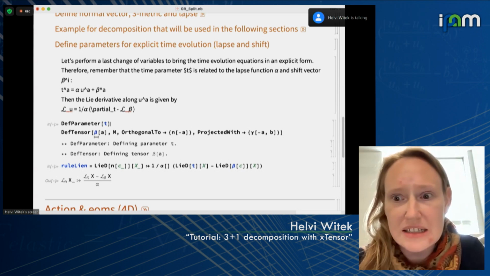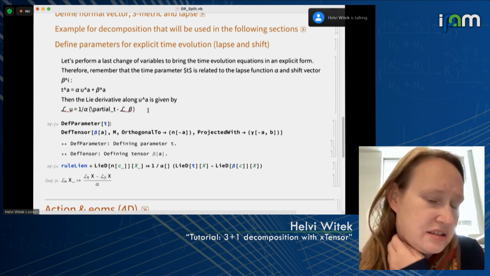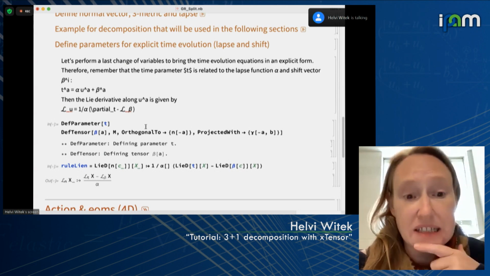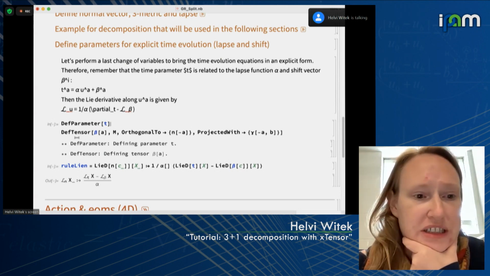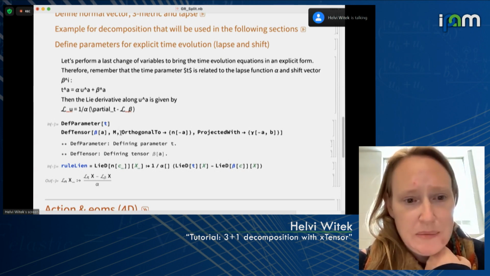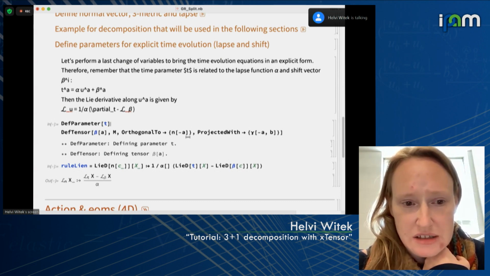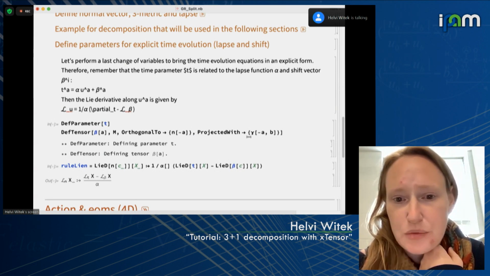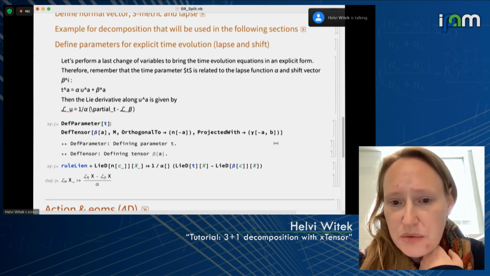And here you already see one of the things where raising indices with gamma will become possible, because we know that this shift vector is by definition orthogonal to the normal vector. So I can add that to the definition of this tensor. The shift vector is projected with our projection operator, the induced metric gamma.